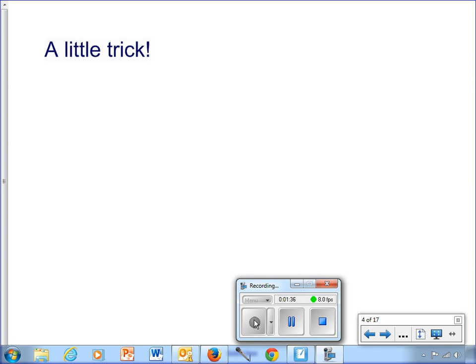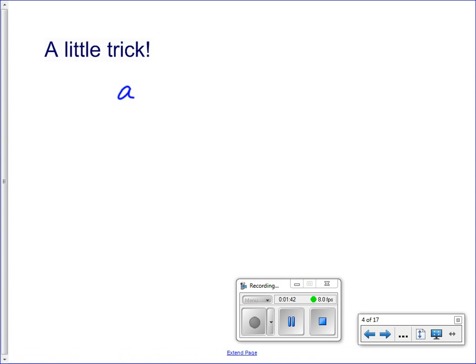All right, a little trick that I've learned in using proportions. If you have A is P percent of B, A, the part, goes with the word is.